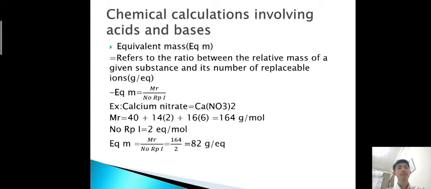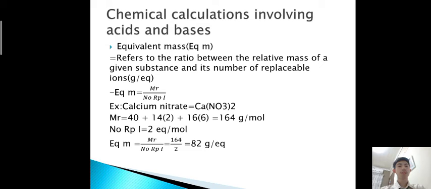Example, calcium nitrate, Ca(NO3)2. First, we find the molar mass. Ca is 40 plus nitrogen 14 times 2 plus oxygen 16 times 6 is equal to 164 gram per mole.